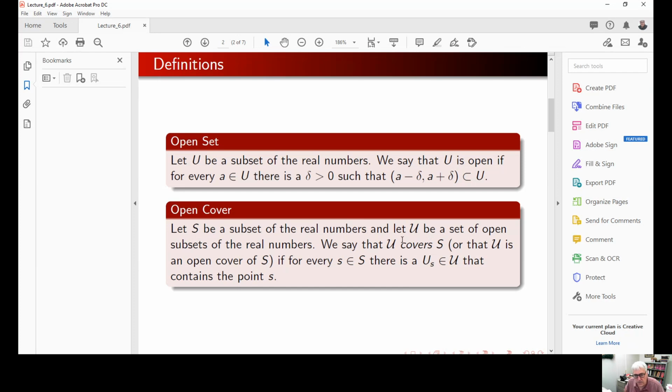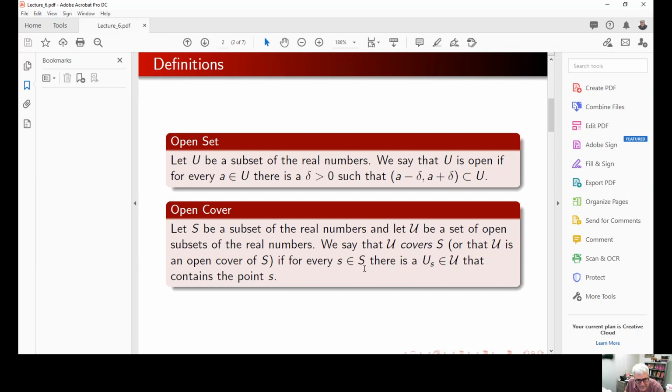So script U is a set of sets. That's why I give it a different font. We say that script U covers S, or that script U is an open cover of S, if for every point s in S there is a set U sub s in this script U which contains the point s.